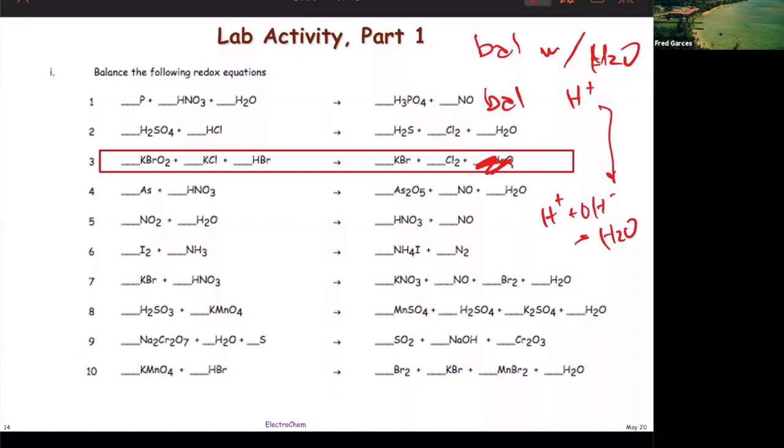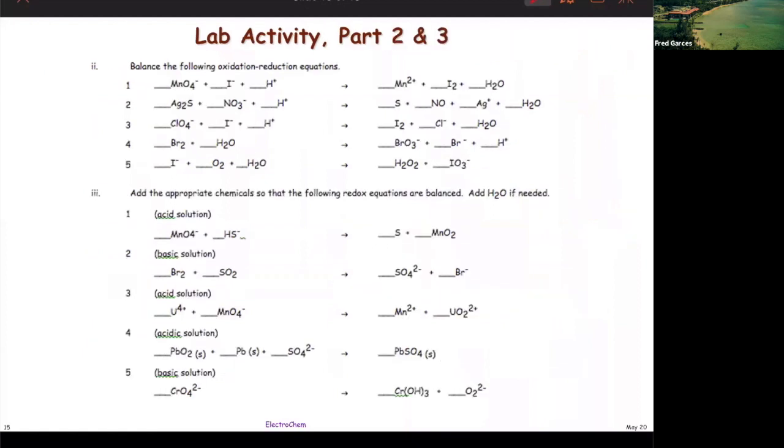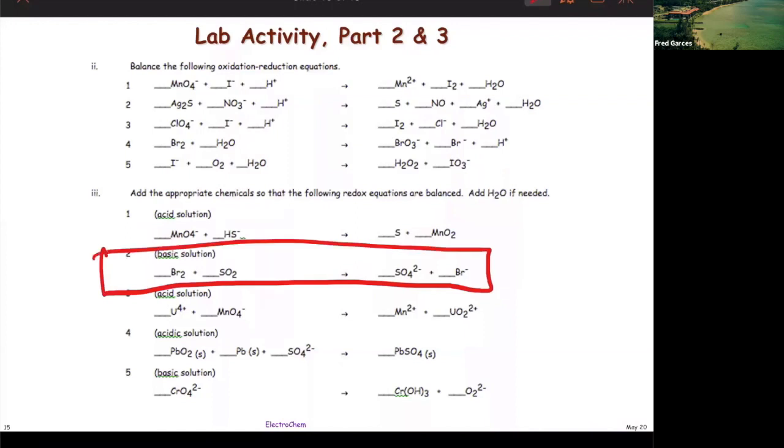These are problems that you might have difficulty starting. Again, in this problem right here, you notice how you don't have water or OH, because you're balancing in hydroxide. Well, don't worry about that. When it's completely balanced, the water and the hydroxide are going to show up in their natural place.